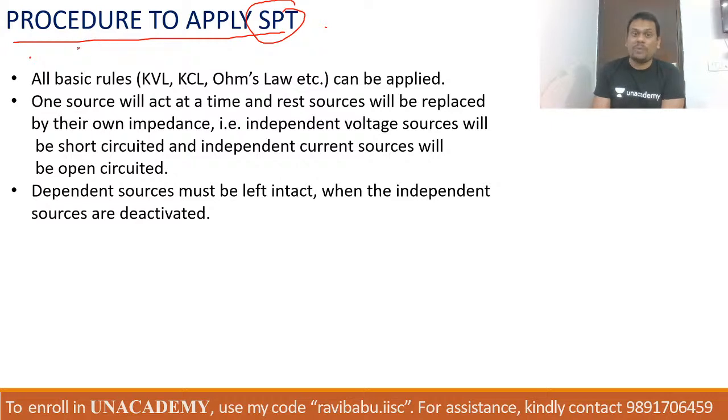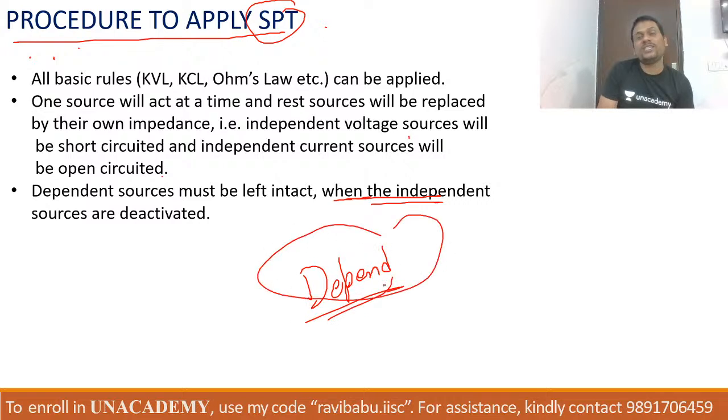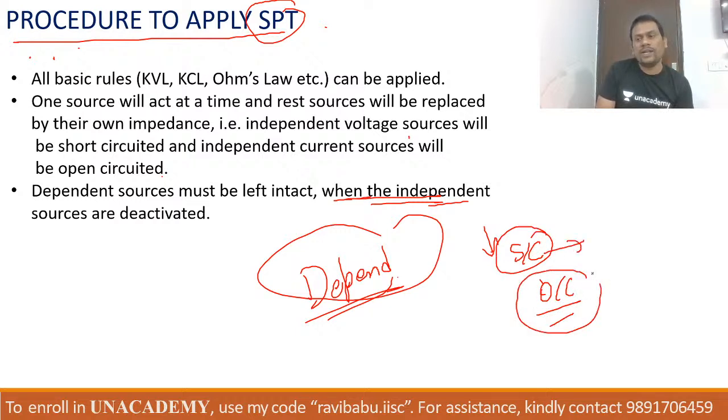It's my request, beta, please mind it: when you apply the superposition theorem, your dependent sources will be unaltered, meaning they will not be changed or replaced by short and open. Only independent sources will be replaced by short and open. Why short and open, we have already discussed. So your independent voltage source will be replaced by a short, and your independent current source will be replaced by an open.